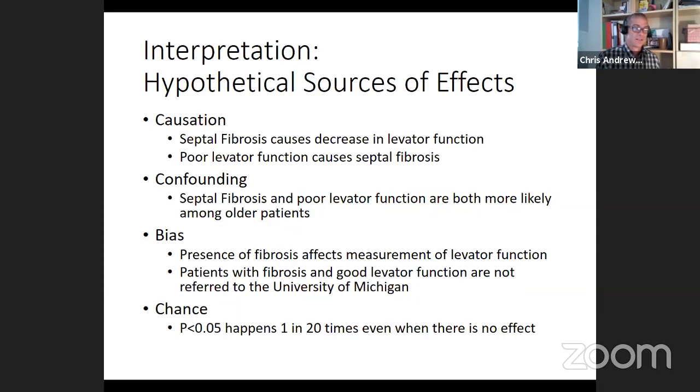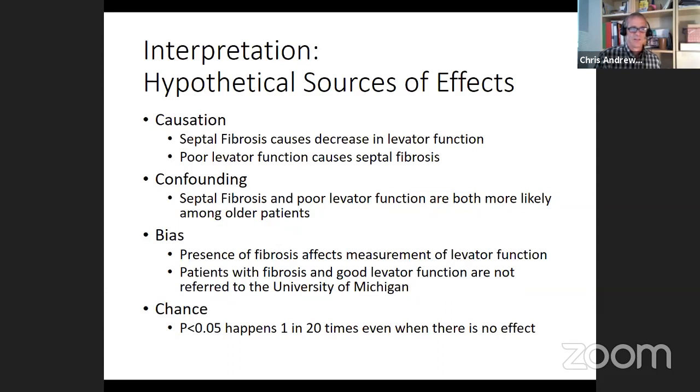Age is an easy thing to measure usually, and so it's actually something we could try controlling for in an analysis. But there could be other things that we can't measure well. Maybe it has something to do with air quality where the person lives, or some genetic differences between groups.